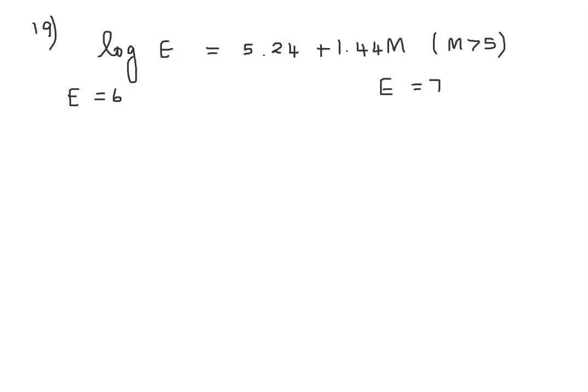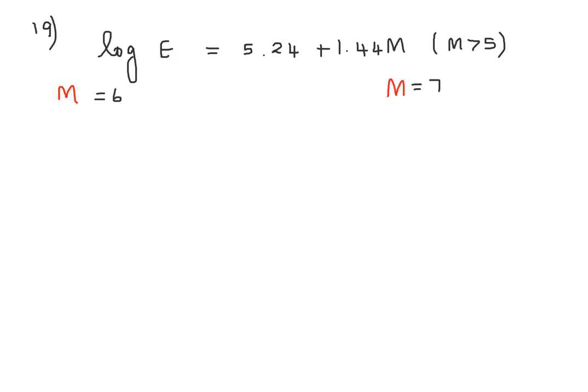So log E, for the magnitude, we have to find the, this is actually the magnitude. The 6. The question is, what is the energy released by the magnitude 6 and the magnitude 7?